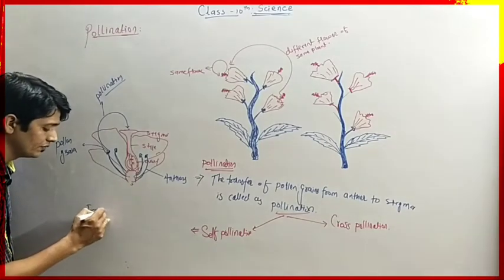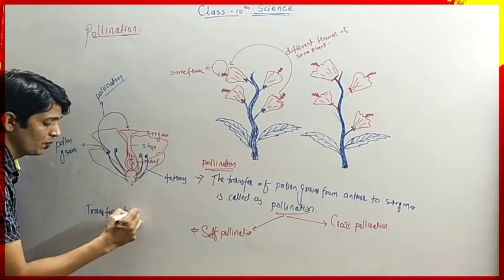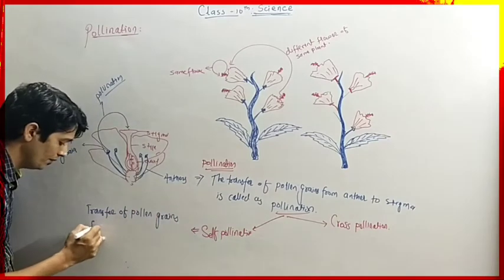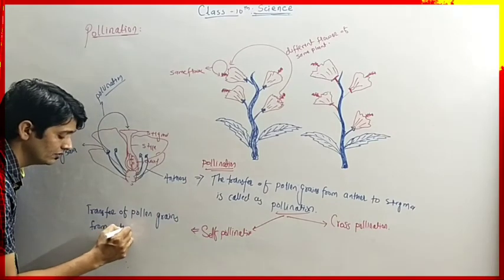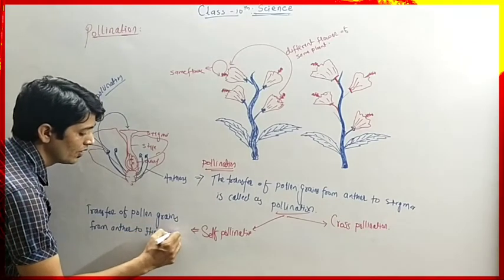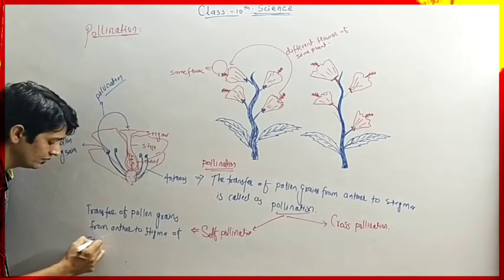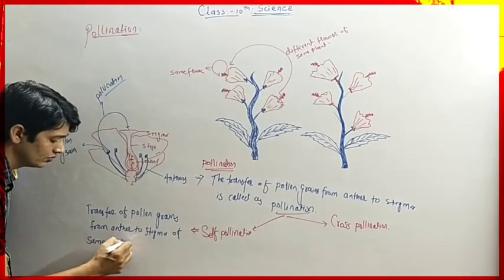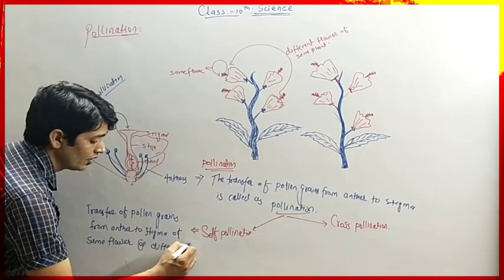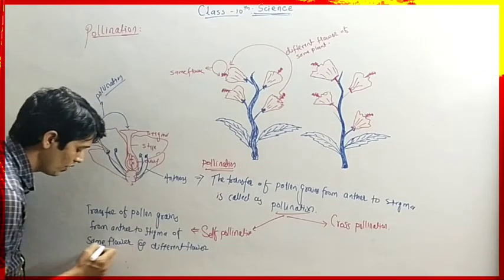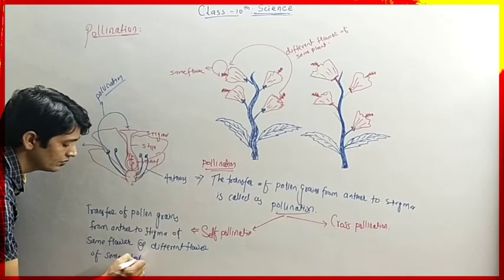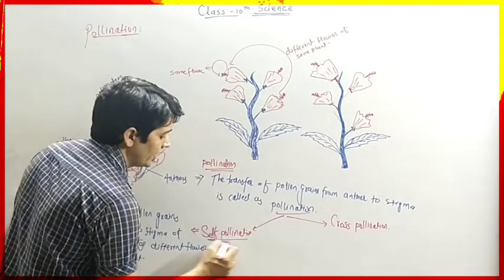Transfer of pollen grains from anther to stigma of same flower or different flower of same plant is called self pollination.